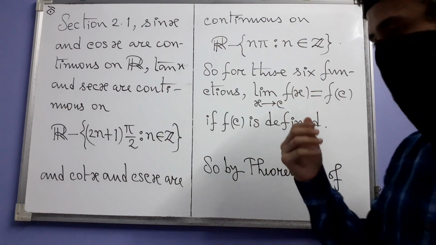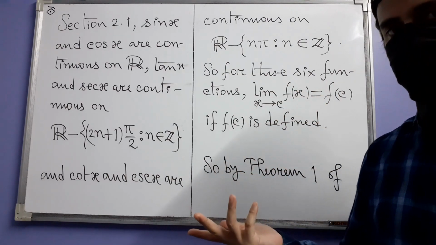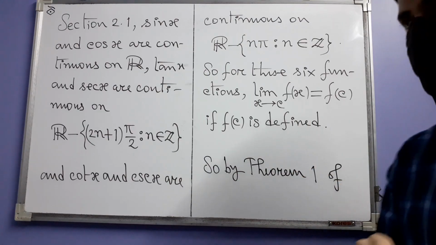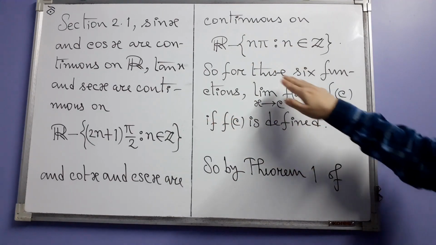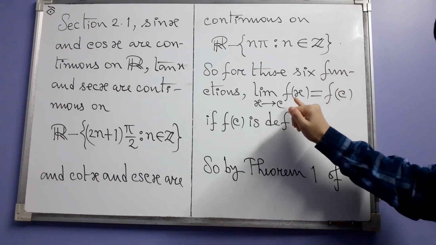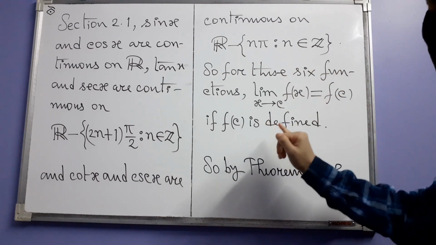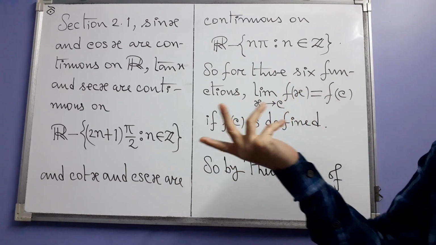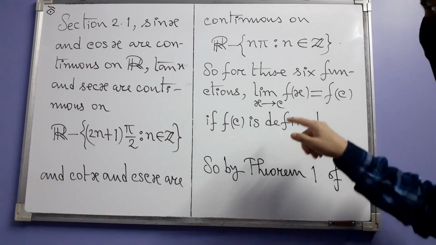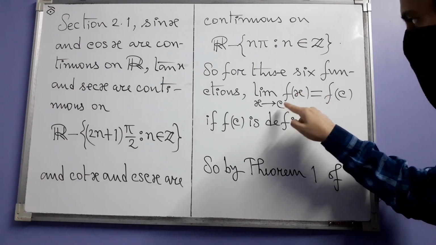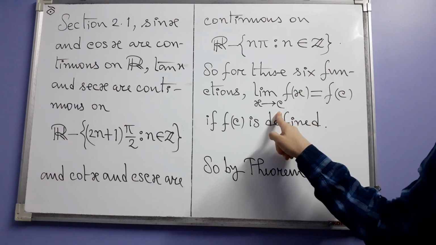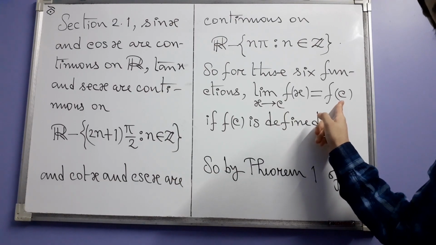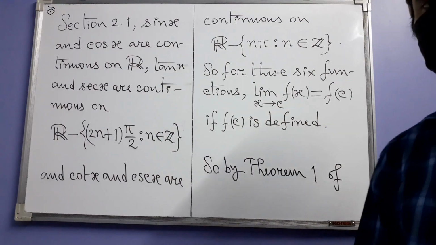And now, how does this fact, this continuity of these 6 functions on their domain, help us? Because of this, for these 6 functions, we now have this fact that if f is any one of these 6 basic trigonometric functions and you want to calculate the limit of f at some point c, then it's enough to just evaluate the function at that point c, provided the function is defined at that point.